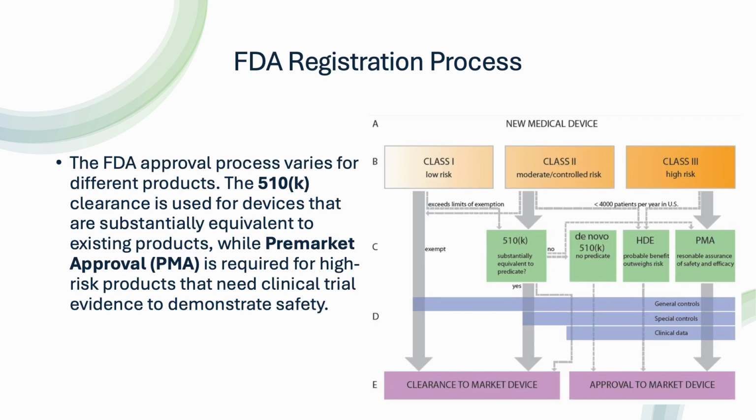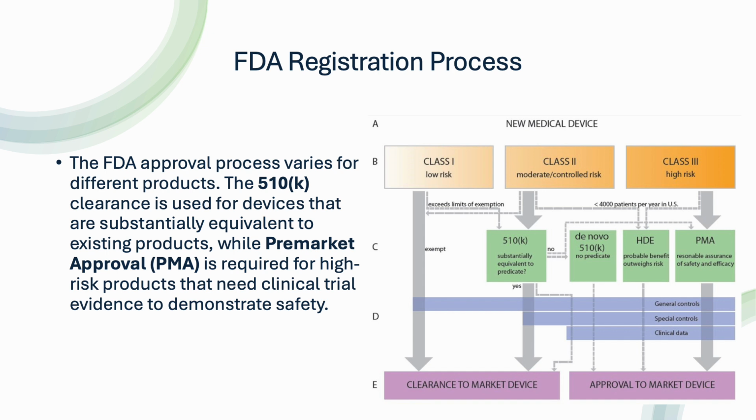Now, FDA approval requires either a 510(k) clearance for similar devices or pre-market approval for high-risk products. So the process can take months or even years, depending on the complexity of the product. So what we can see again in the picture on the right side of the slide is that we are having 3 different classes.